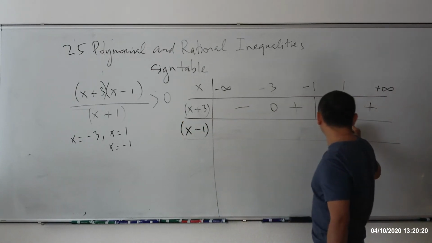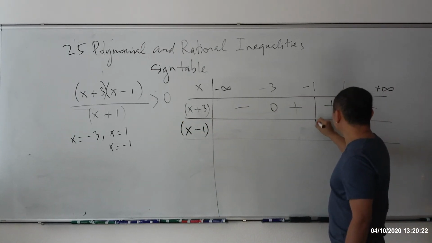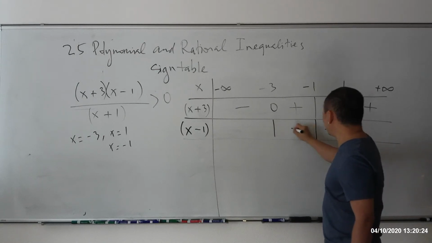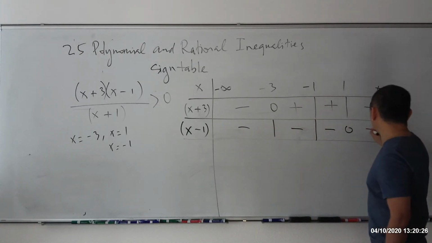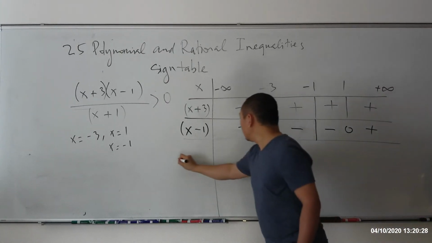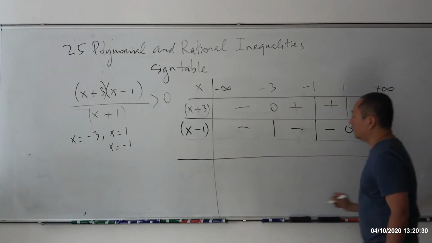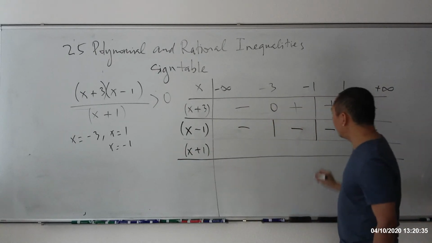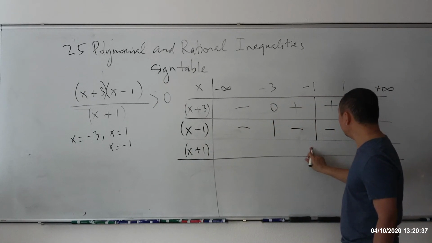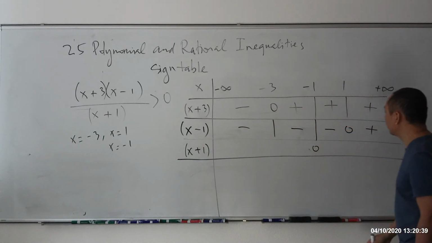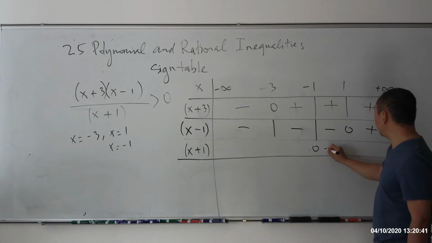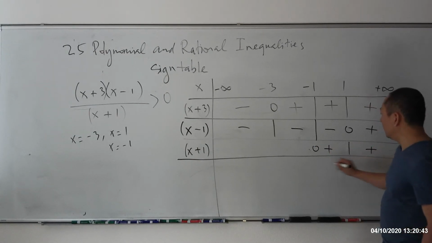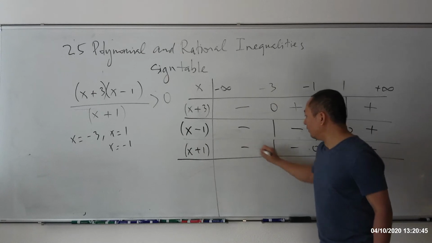So 1 is 0 right here, less than 1 is going to be negative, bigger than 1 will be positive. And then the third factor, x plus 1, so -1 will be the 0 right here, bigger than -1 will be positive, less than -1 will be negative.